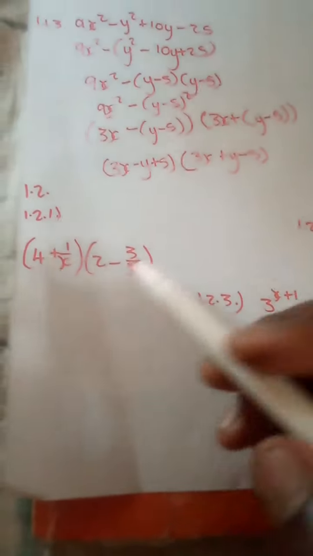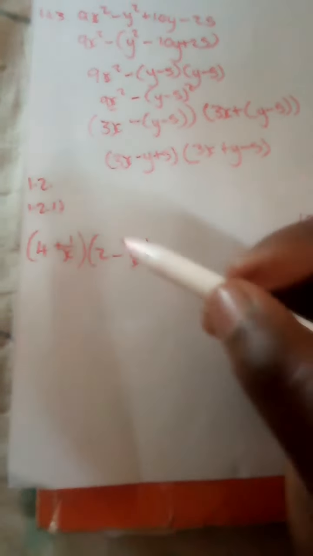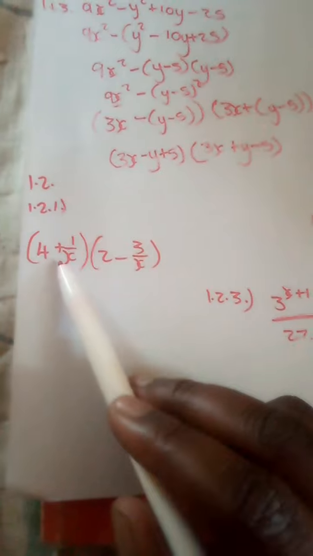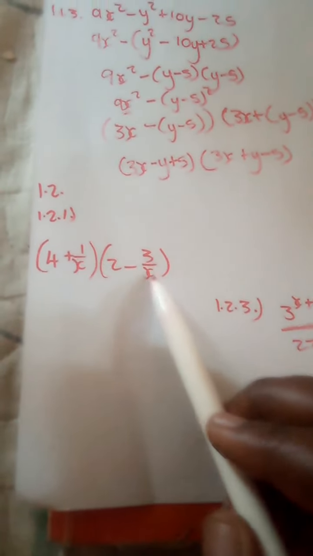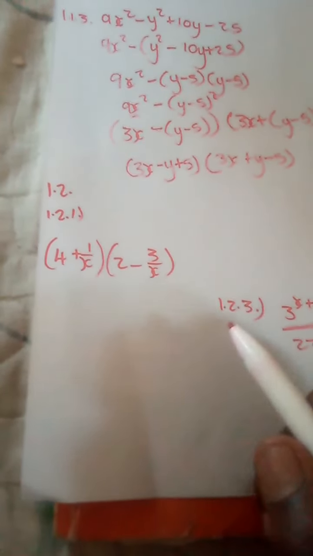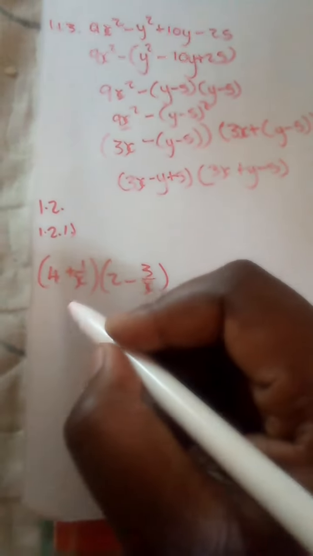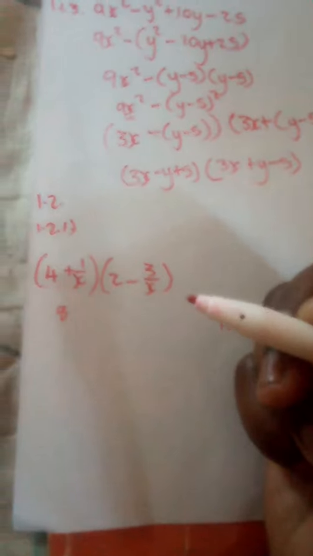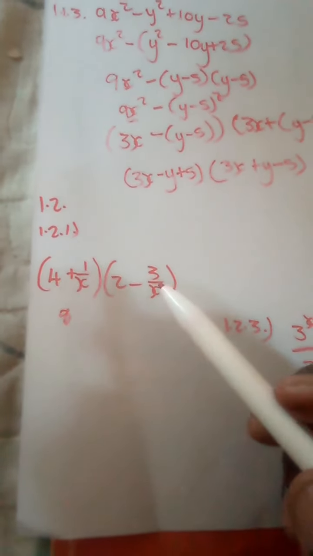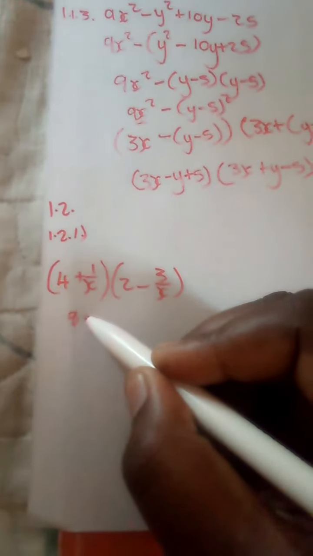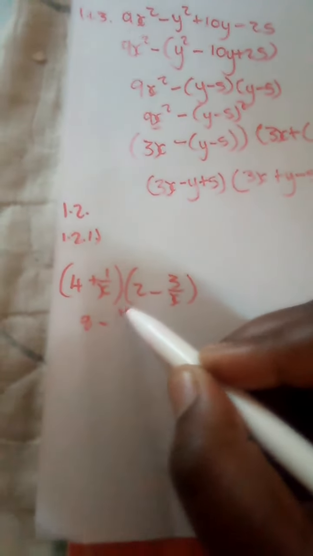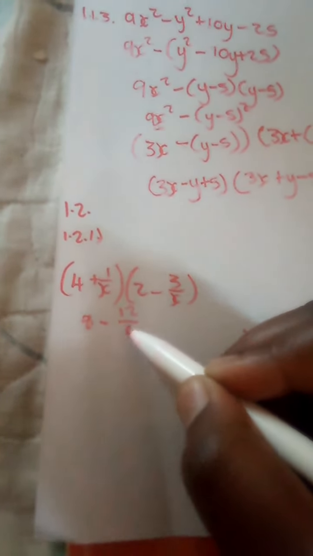After that, we come to this one in which we have to simplify. So we have to multiply this bracket and that bracket so that we can remove the brackets. It's simply 4 multiplied by 2, it's 8. Then 4 multiplied by negative 3 over x is negative 12 over x.